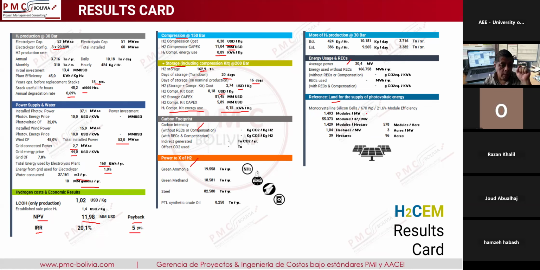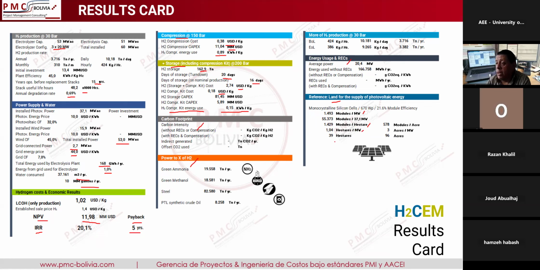For example, a typical model of photovoltaic monocrystalline silicon cells with 670 peak watts and 21.6% module efficiency. We need, in this case, 1,493 modules per megawatt. So we need 1,429 modules per hectare, so 1 plus hectares per megawatt.